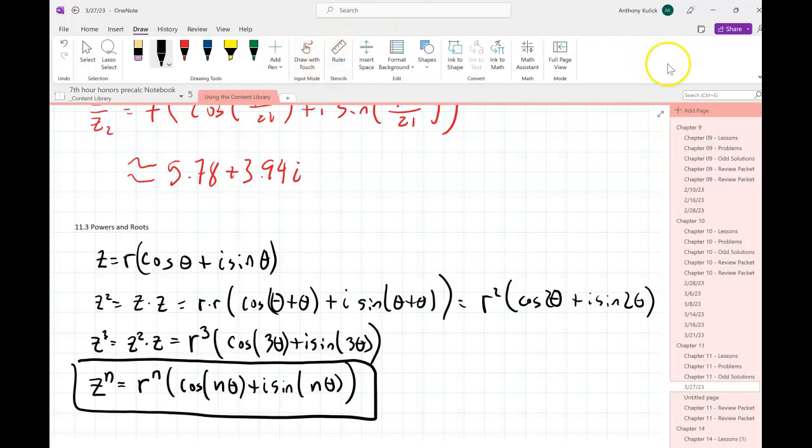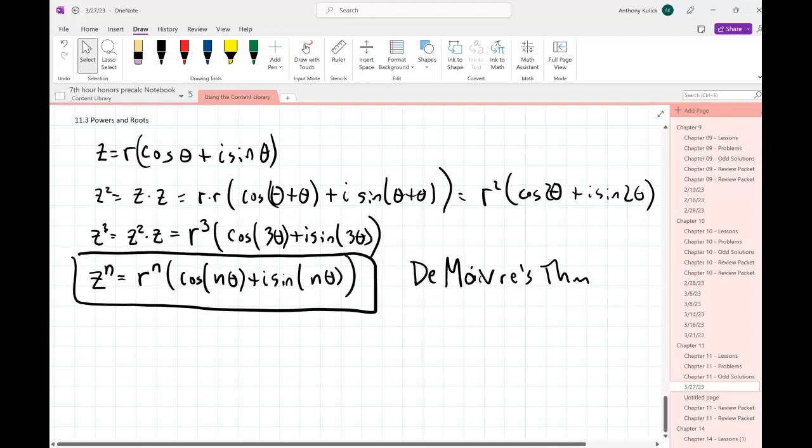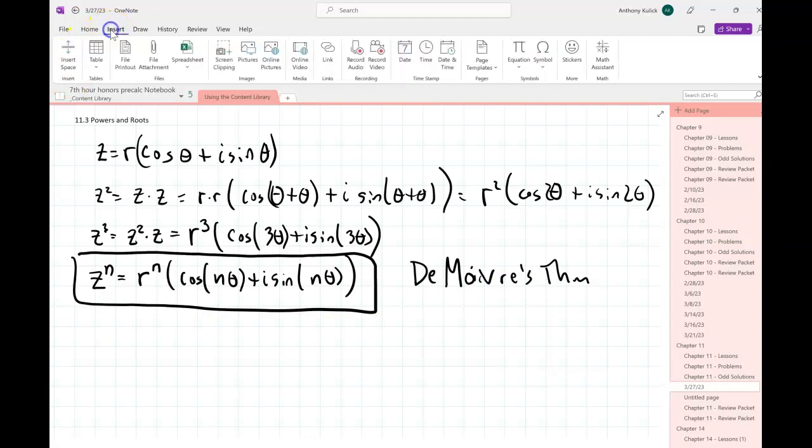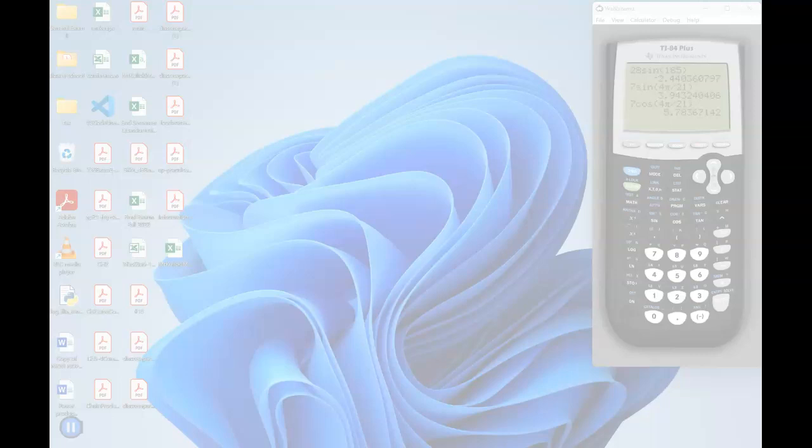This formula here that we just developed has a name. It's called de Moivre's theorem. So let's just do a quick example.